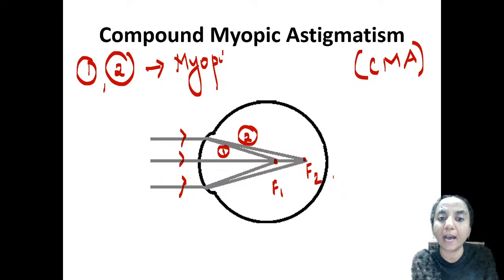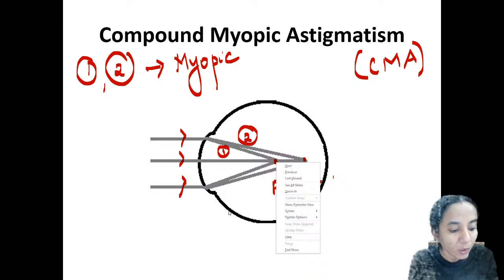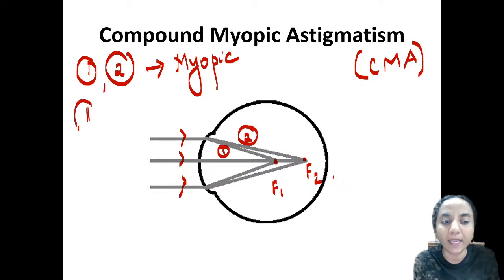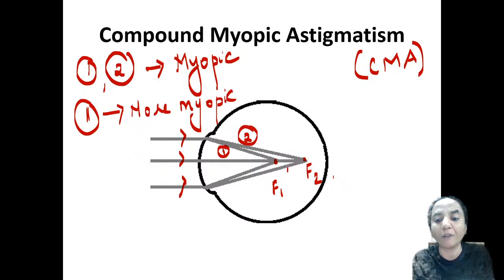Axis 1 is myopic because it is meeting at F1. Axis 2 is also myopic because it is meeting at F2. But axis 1 is more myopic. Why? Because F1 is meeting more in front of F2. So both the axes are myopic, but one axis is more myopic.